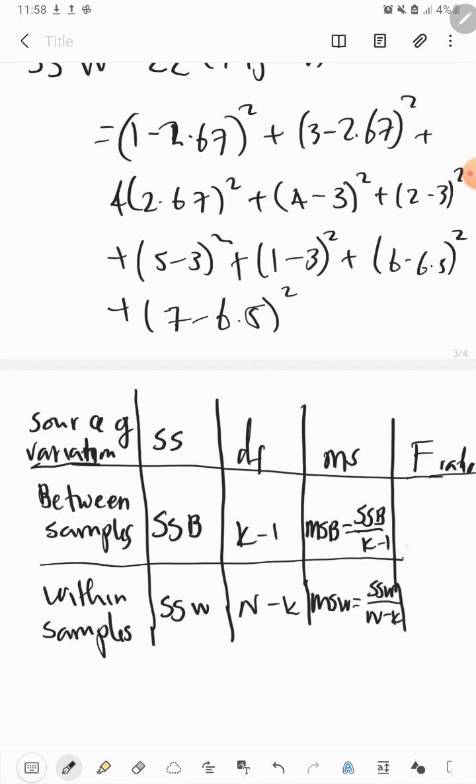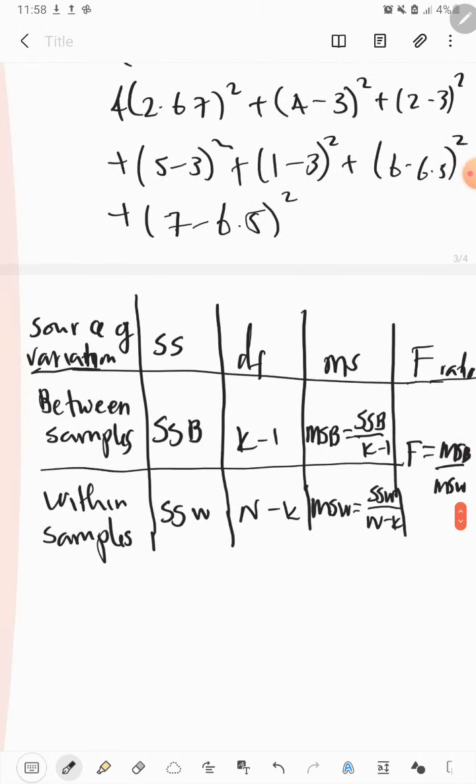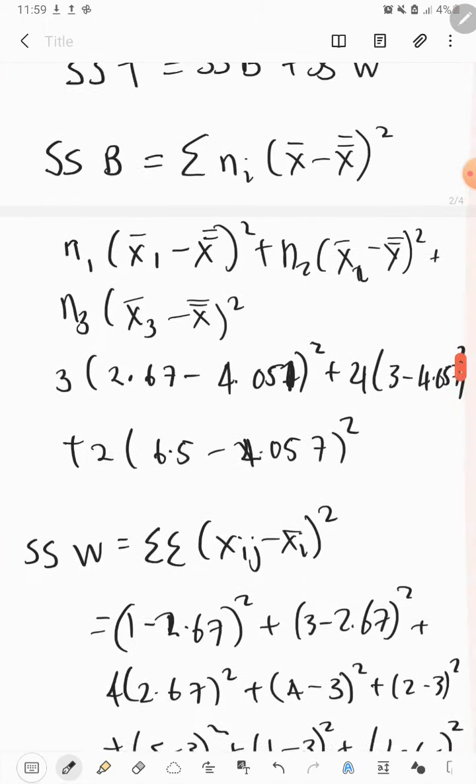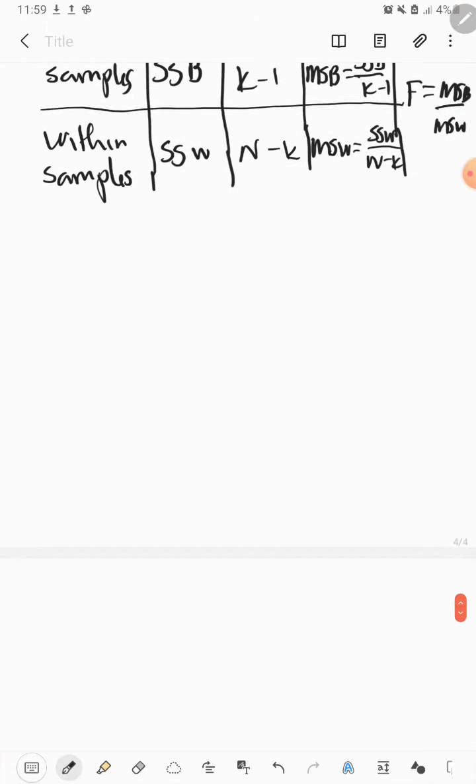Then the F calculated is given by the mean squares between over mean squares within. So this value that you would have found, the F, is now what you're going to compare in step what? Step 5.